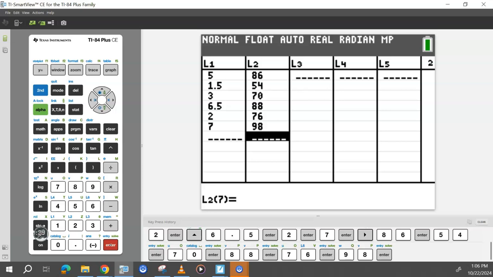Okay. After you have all of that data in, we're going to go into step 2, which is at the bottom. Now, the side notes here.